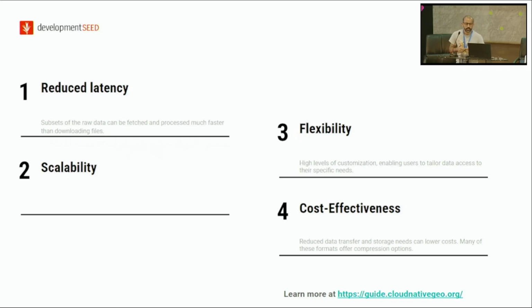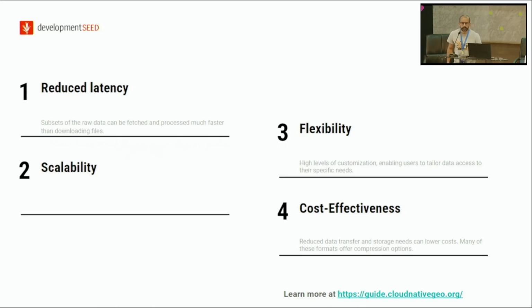Generally those formats are binary, so they are processed much faster. They can scale well as they are on the cloud. They also give you a lot of flexibility because you can filter and tailor the data access to your needs.